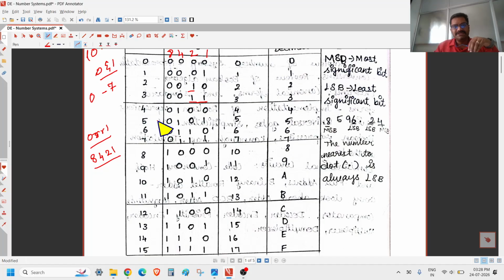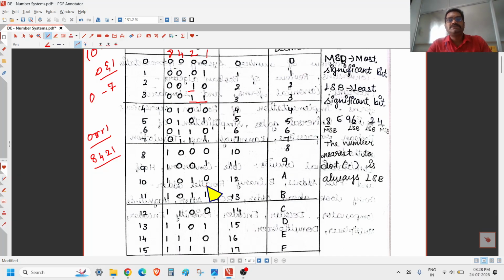For the B digit we put four 0s, four 1s, four 0s, four 1s. For the C digit, double 0 double 1, repeating. For the D digit, single 0 single 1. So likewise you have to mention it. This is how the binary numbers are written.